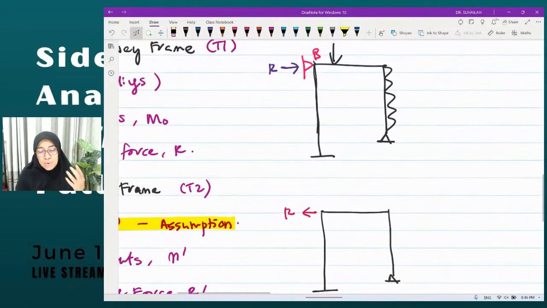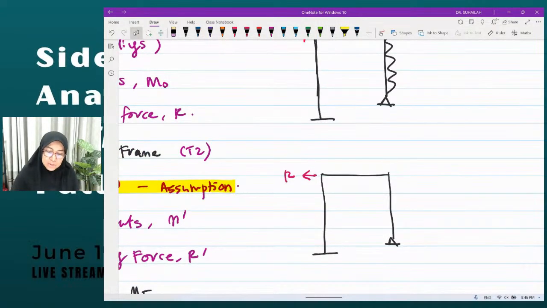One is positive R, another one is negative R, so that R minus R we get 0. This one is positive R, this one is negative R, so we will get 0 in the original frame.